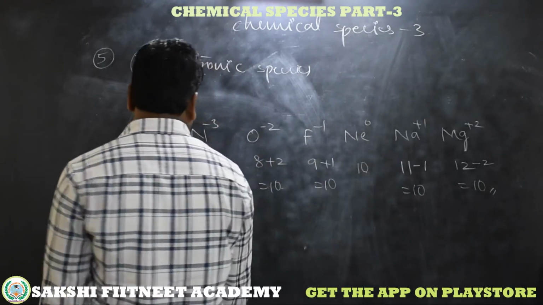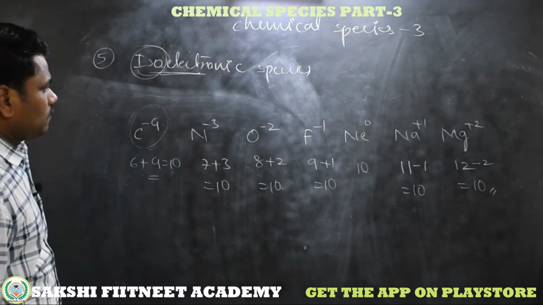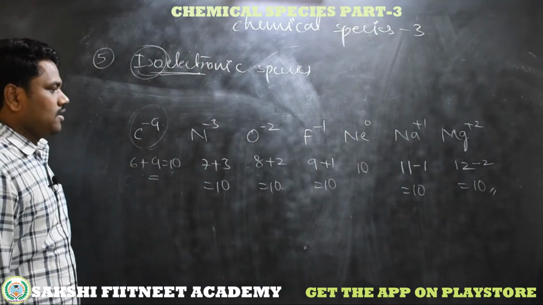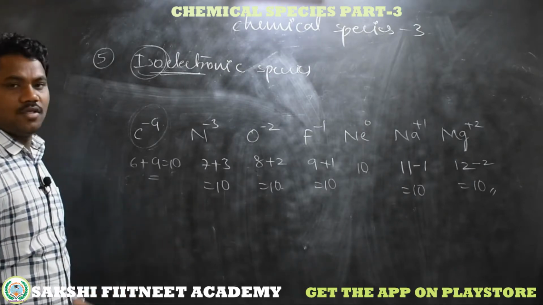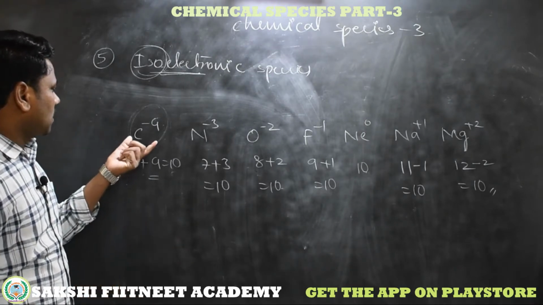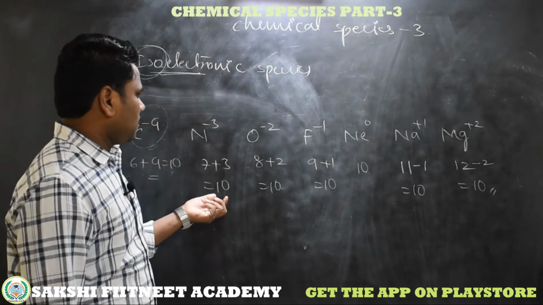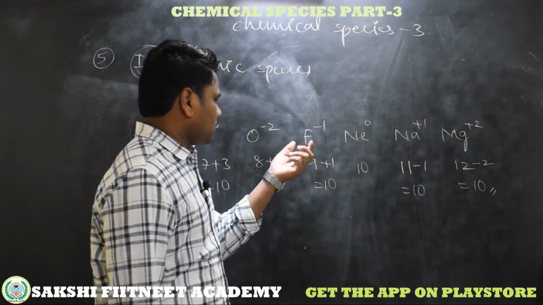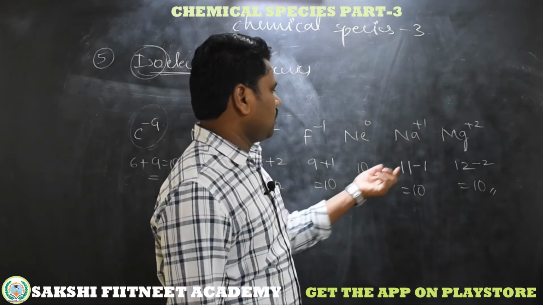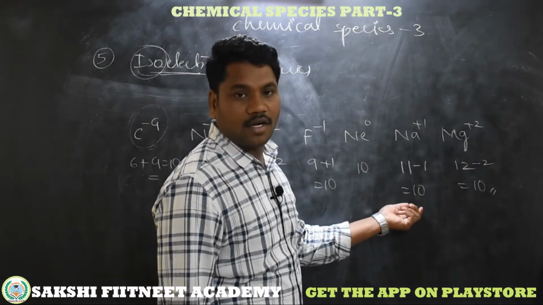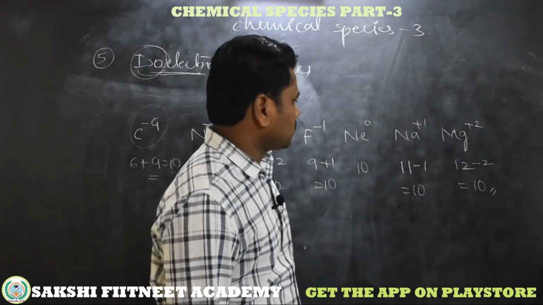So what we have observed here is that all of these elements have the same number of electrons. Total number of electrons in this fragment is 10, in this fragment 10, this fragment 10, this 10. Now sodium, here 10. Now Mg +2, 10.